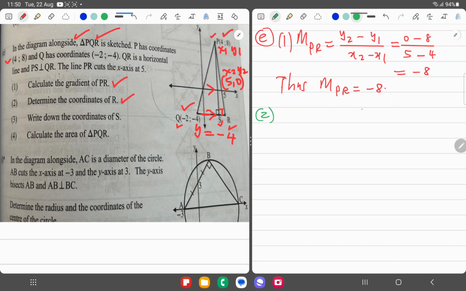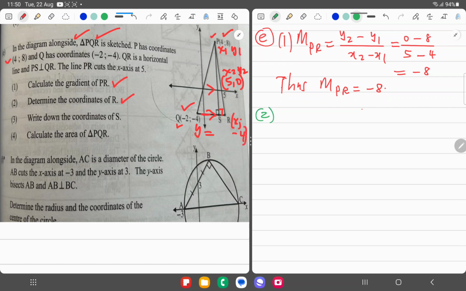It cuts through y equals -4, so the coordinates of the point R will be (x, -4).